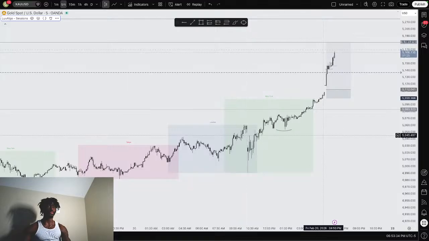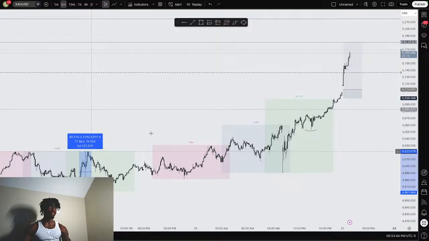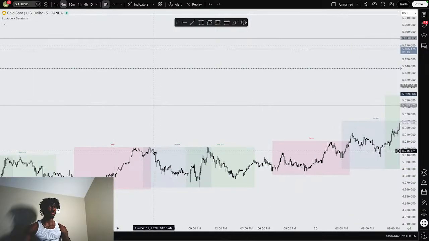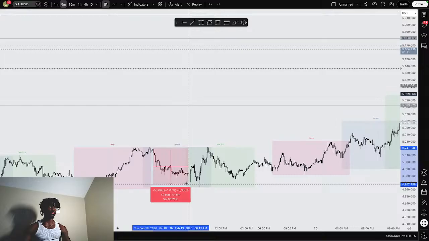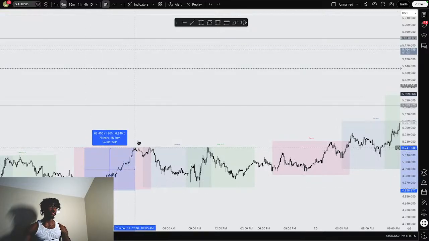New York session, of course, no more than 500 pips. But this New York session, the low to the high, 600 pips. The high of London session to the low of London session, which is basically down here, 570 pips. The low of Asian session to the high of Asian session, 600 pips.